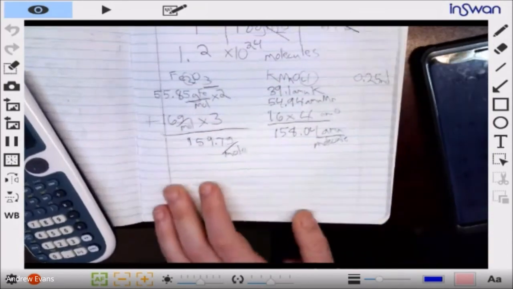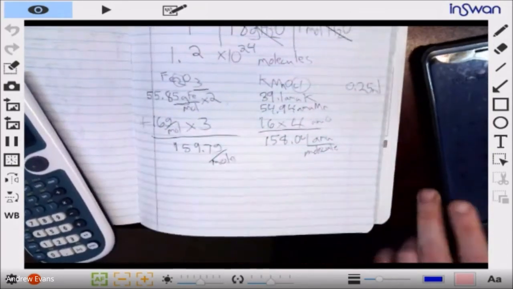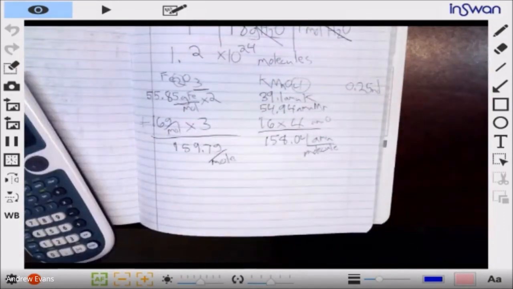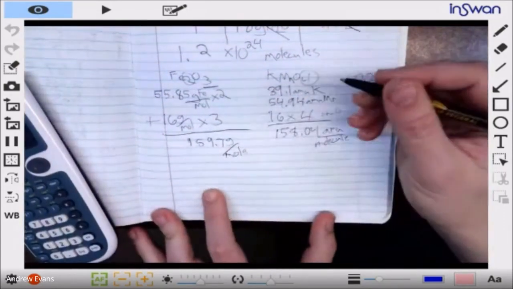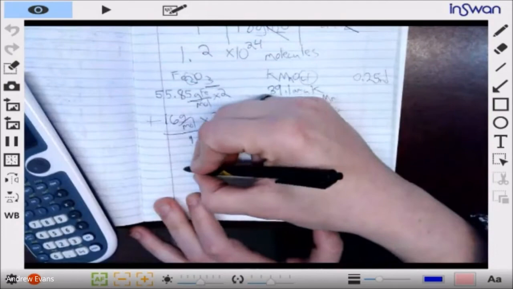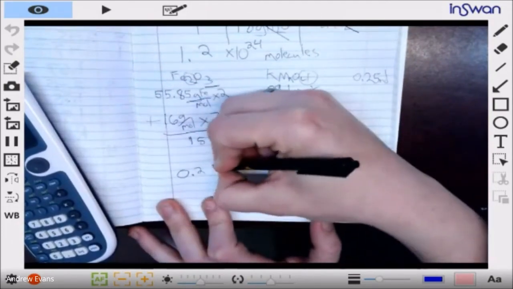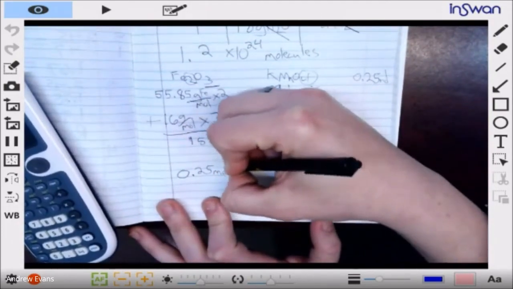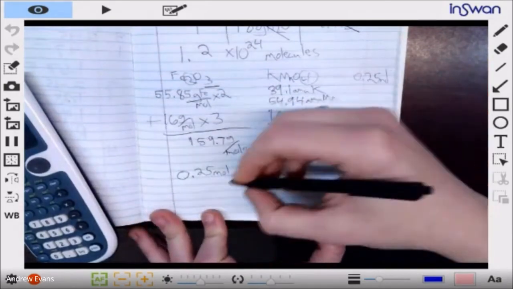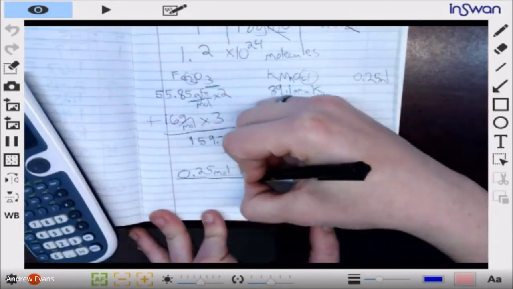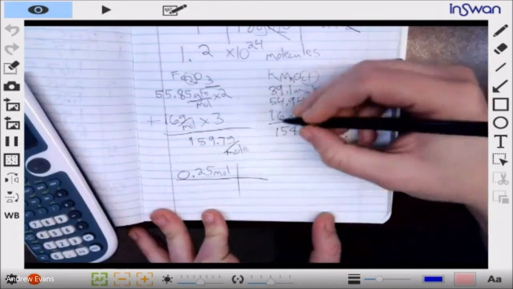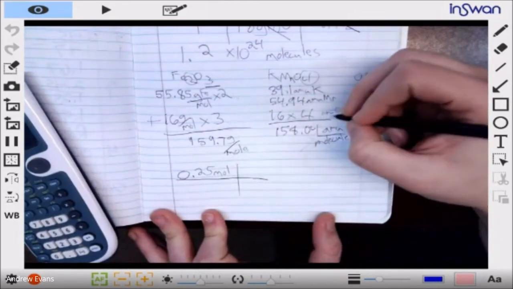Now, the last thing, I asked you, how many molecules of potassium permanganate are in a quarter of a mole? Here's the beauty of this. I could have asked you how many molecules are in anything if I have a quarter of a mole. I do not need the molar mass. I do not need that number at all.